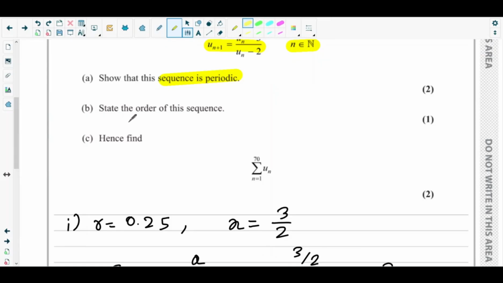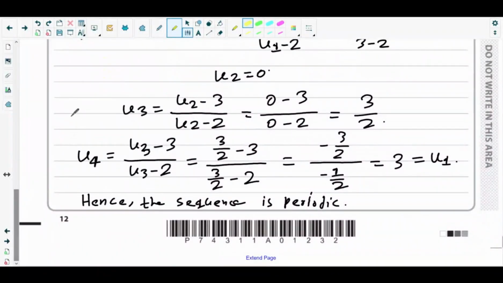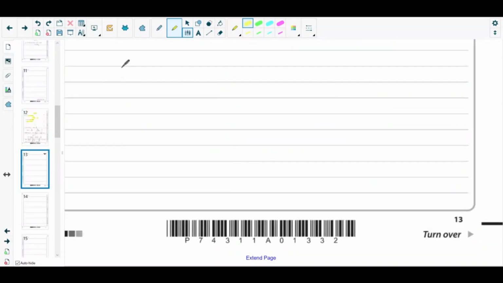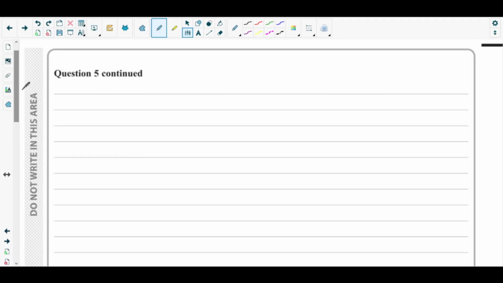Okay, next in part b, the question is asking to state the order of this sequence. So from part A, we figured out the sequence is periodic. And we also know that the sequence has a period. How can we determine the period? Period depends on after how many terms the sequence is getting repeated.